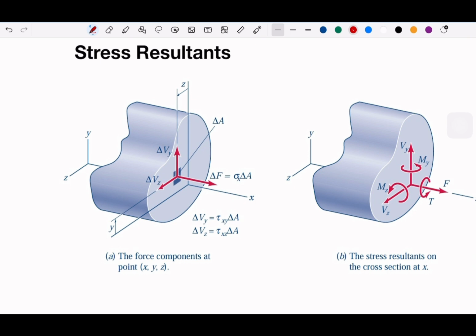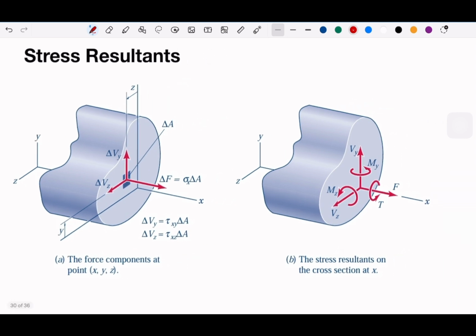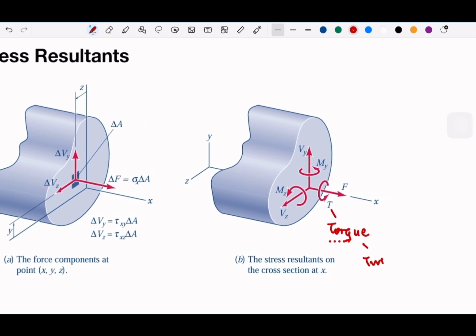So this is the moment that is circling around the z-axis, and this will be the bending moment of the y-axis. And T we call the torque. So this will be the torque. Or we usually say this will be the twisting moment.